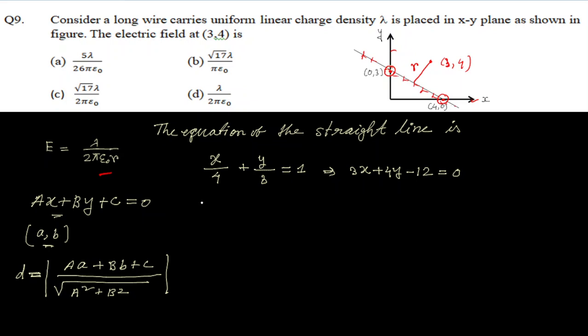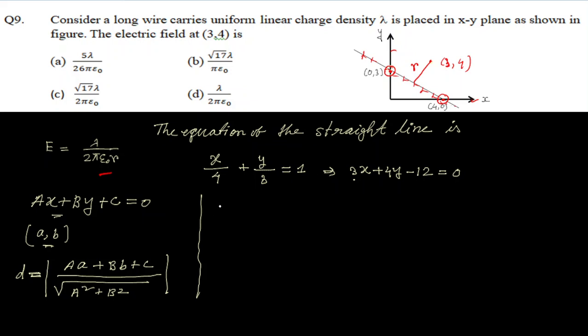If we use the same definition here, this is our equation of the straight line. In this case capital A is 3, capital B is 4, and C is minus 12. We have to calculate the perpendicular distance of the point (3, 4), so small a is 3 and small b is 4.